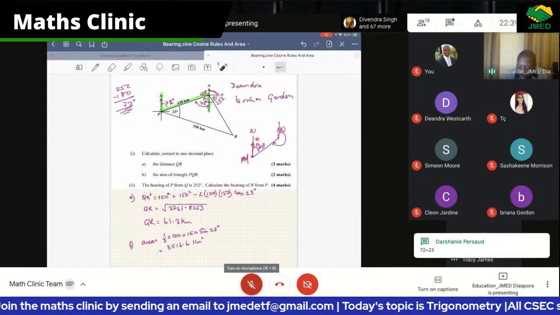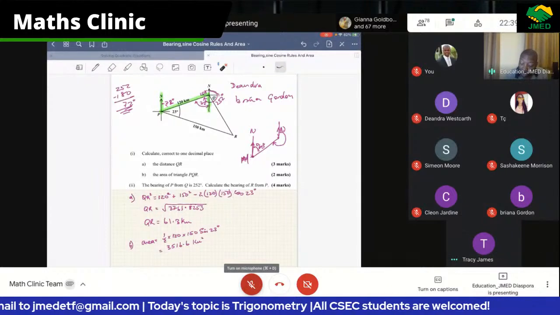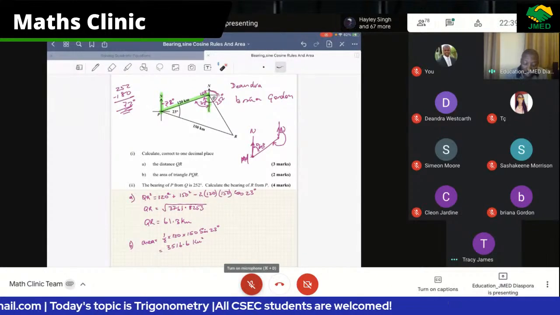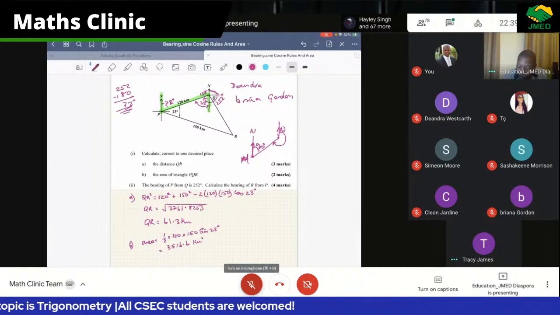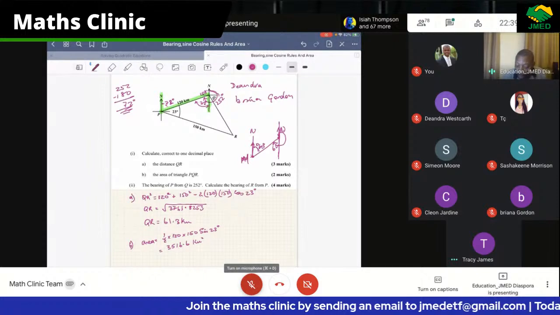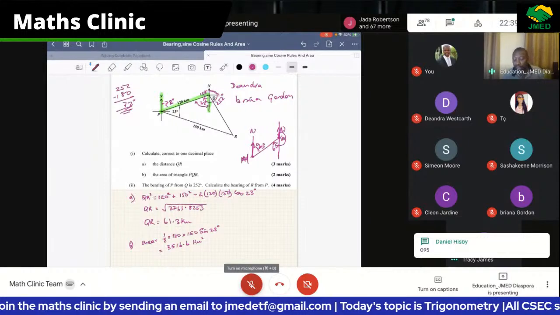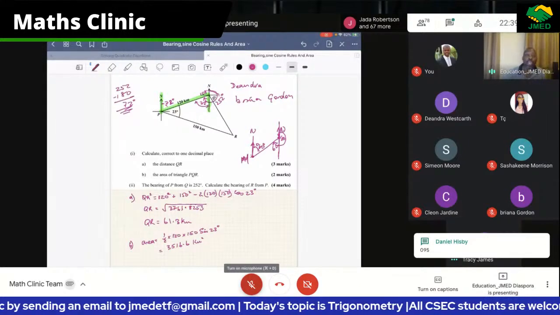If it is less than 180, I add 180 to it. The alternate angle there is 60 degrees, plus this is 180 degrees. So 180 plus 60 would give you the back bearing.